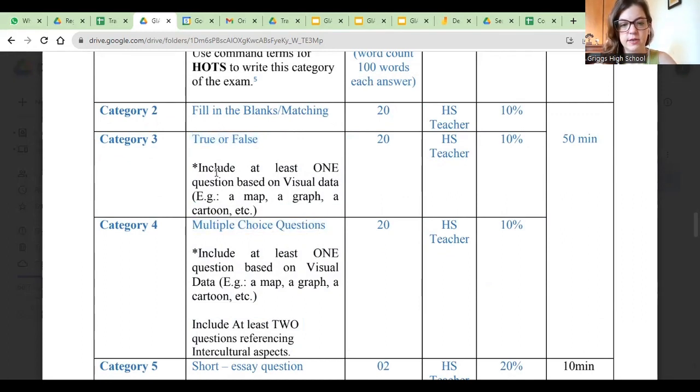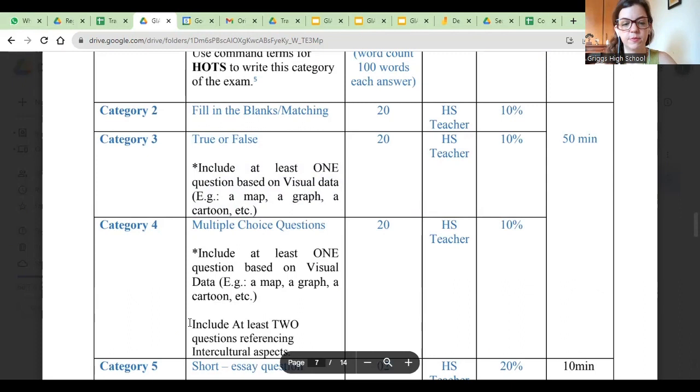Notice that for true or false and multiple choice, you need to include at least 1 question based on visual data, like a map, a graph, or a cartoon. You can have a map or a graph and more than one question about that, but you need to have at least one question about at least one visual aid, okay?